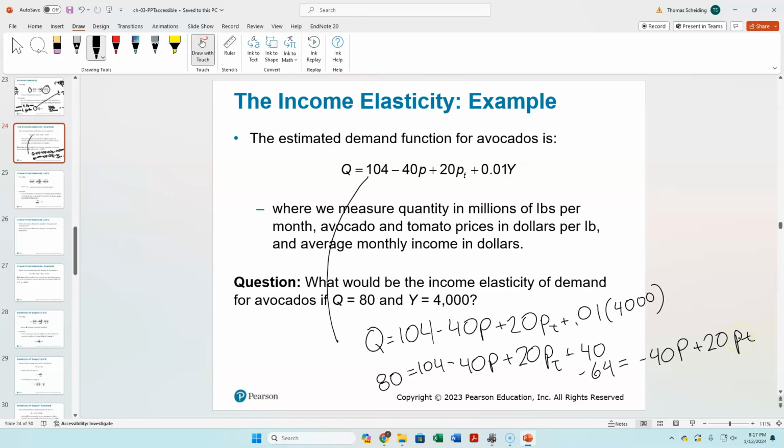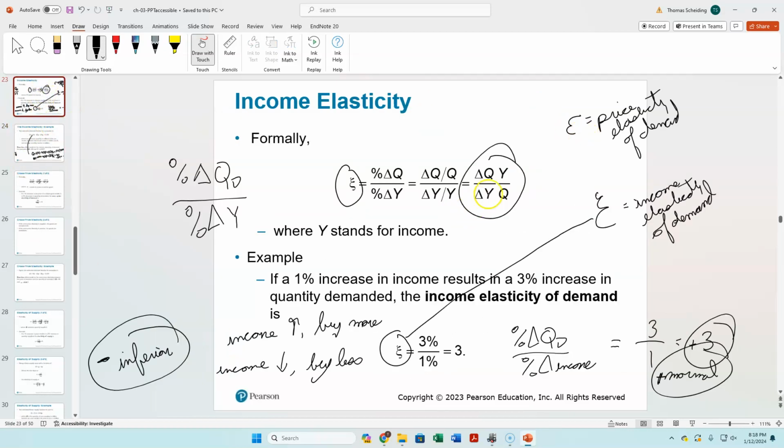Okay, and then for our elasticity, income elasticity, now again I have my delta Q, delta Y, Y over Q. Where do I get that from? That's from right here.